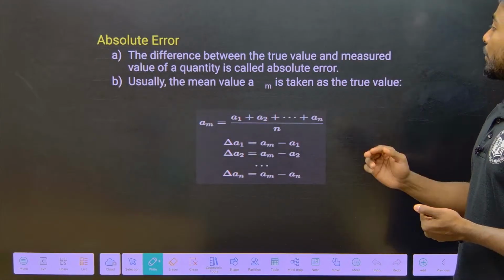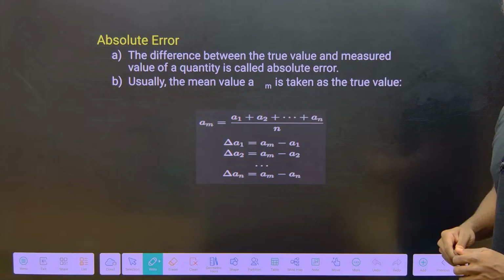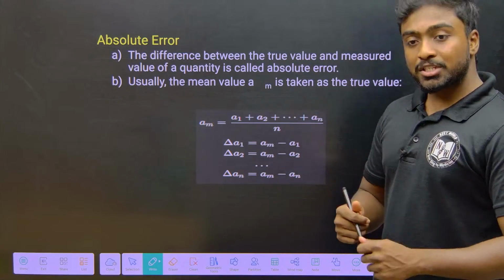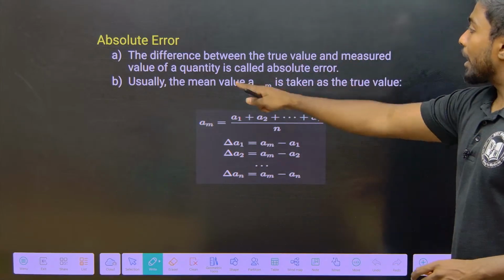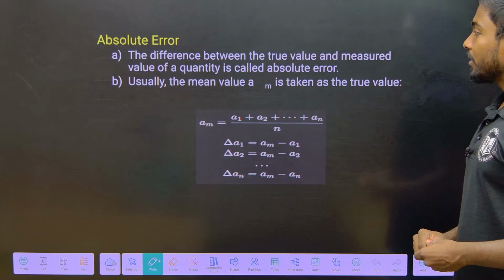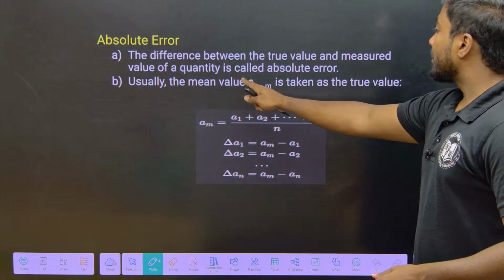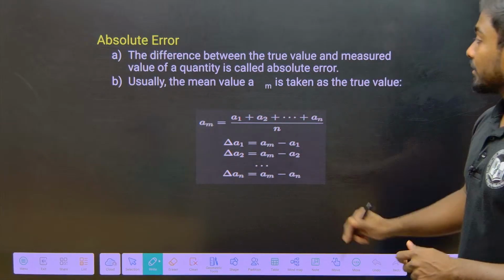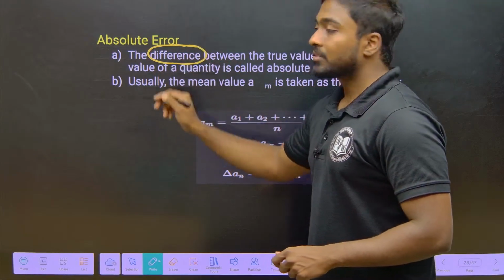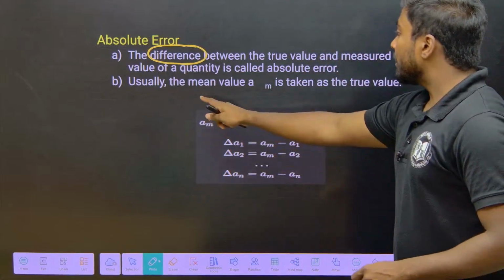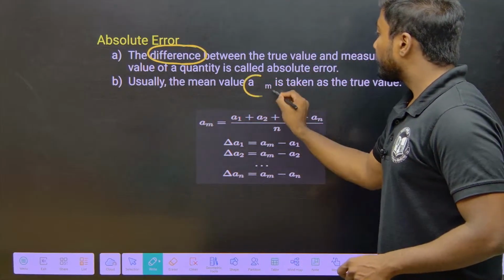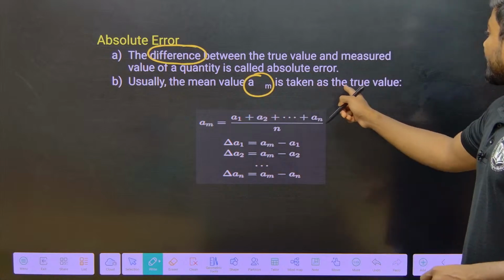Absolute error is the difference between the true value and the measured value of the quantity. What is the meaning of true value? The one we measured actually. And measured value in the sense, the given value. The difference means subtracting. So usually the mean value, that is A mean, is taken as the true value.